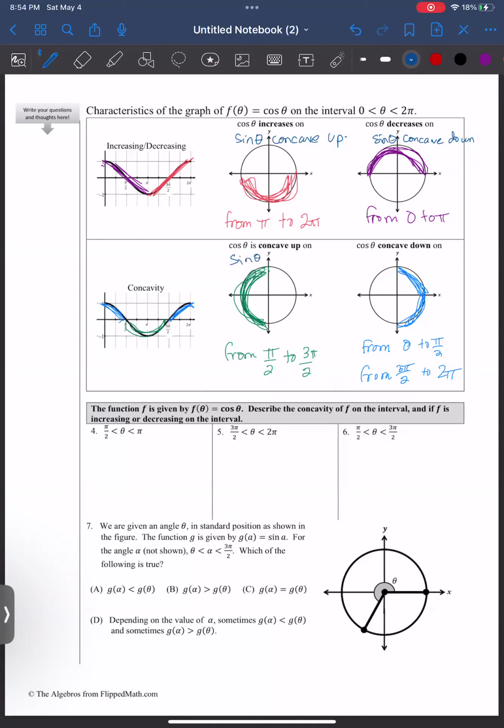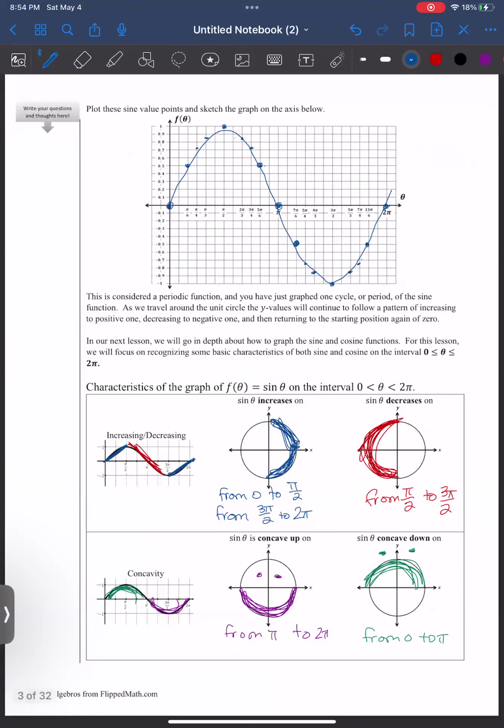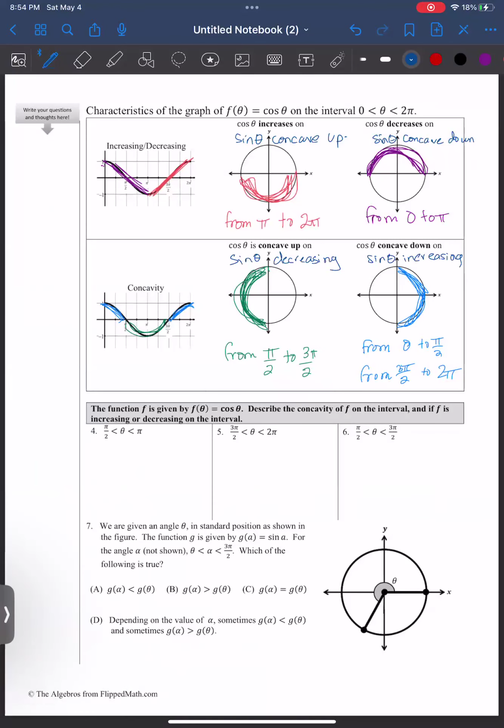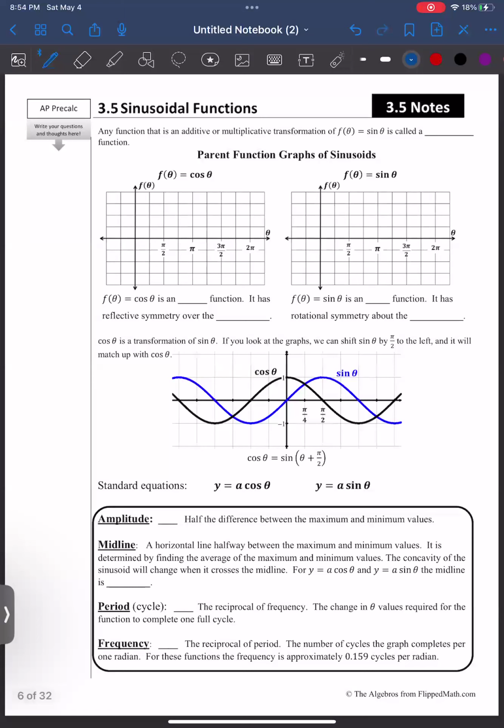It's actually when my sine is decreasing. And this is when my sine is increasing. So it's like super opposite when it comes to the concavity and increasing and decreasing, right? But they have the same idea. And now again, I'm not going to do these problems, and that is the end of 3.4.